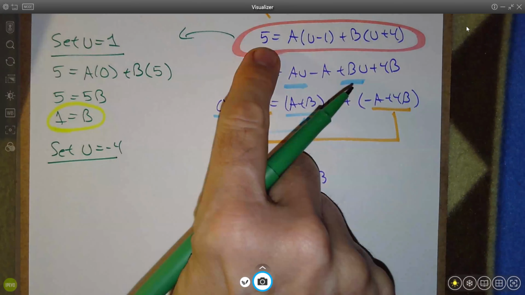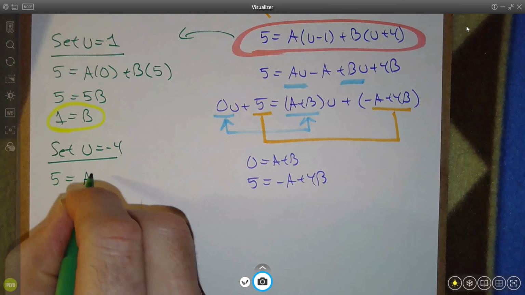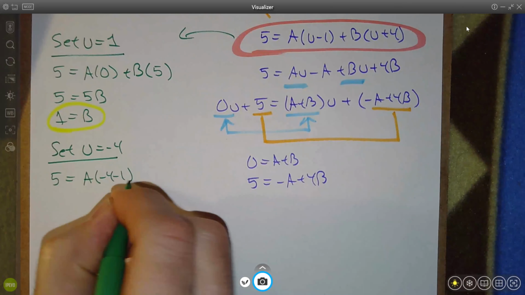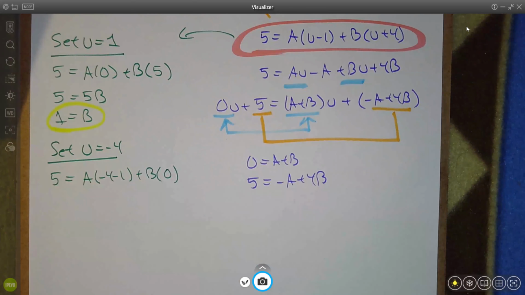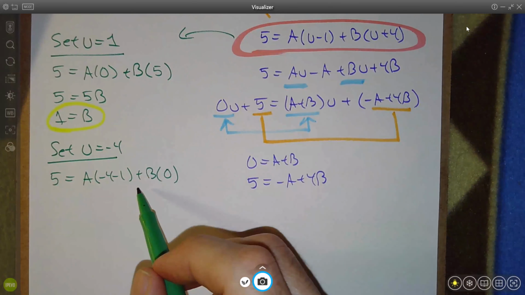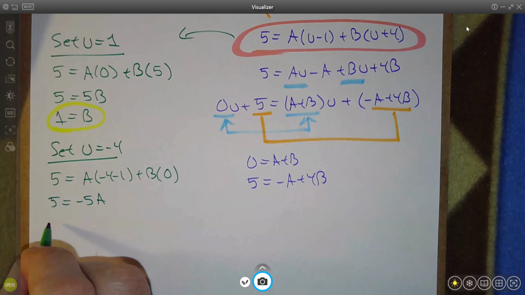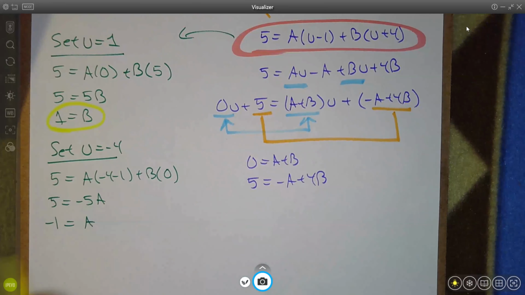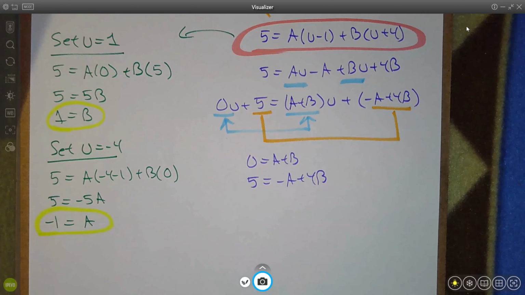Now the left-hand side is still 5. But on the right-hand side, I get A times negative 4 minus 1 plus B times 0. So that disappears. I'm left with 5 equals negative 5A. And there you go. A equals negative 1. Nice.